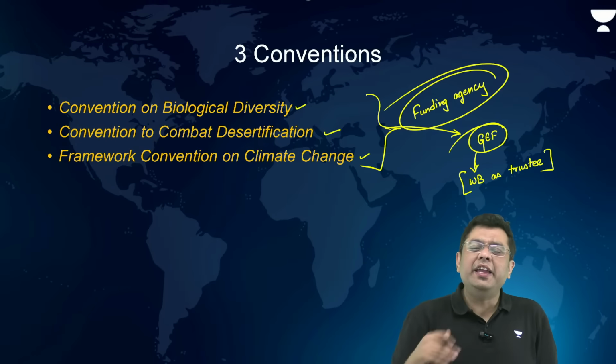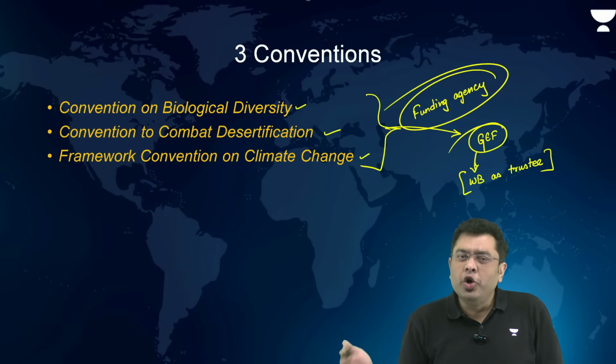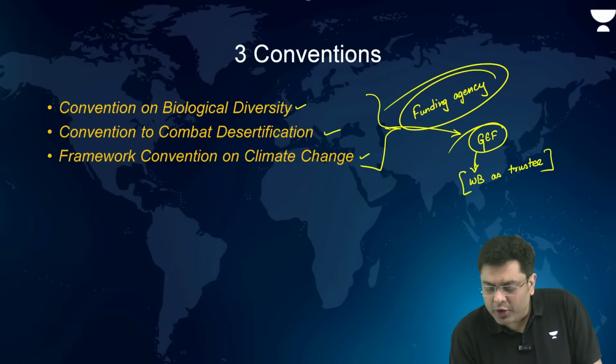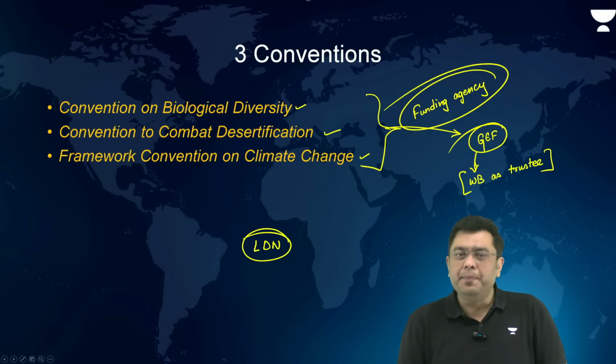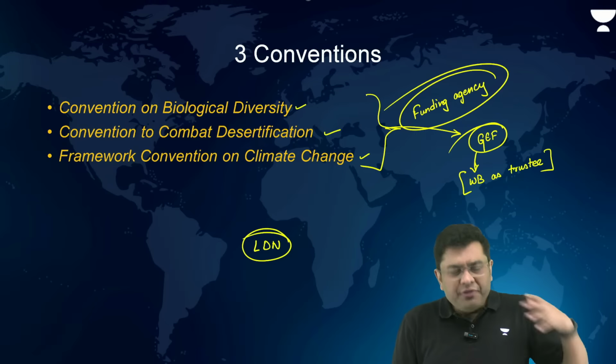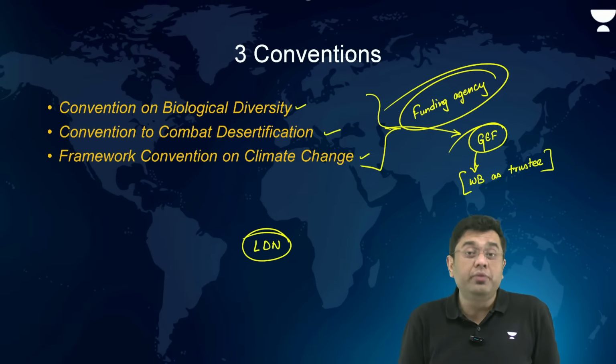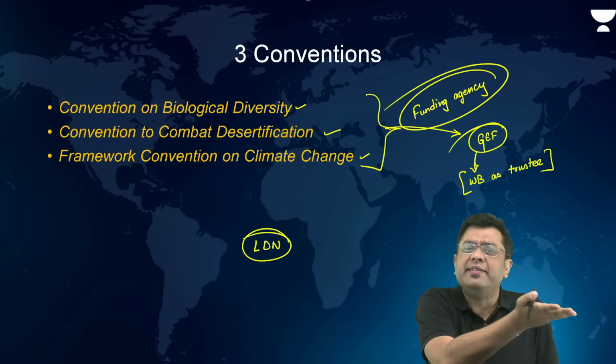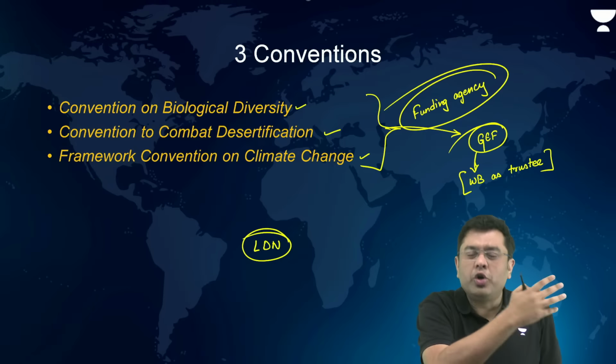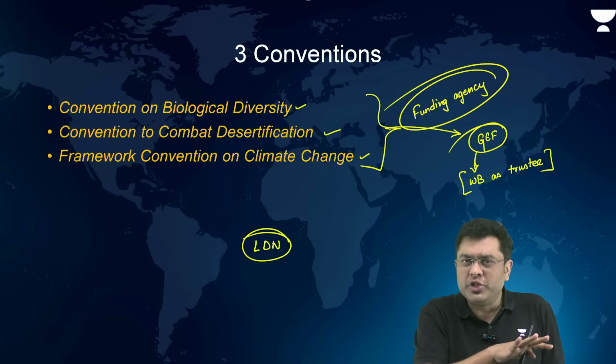It sets an agenda for all the countries in order to achieve what is referred to as land degradation neutrality, LDN. That is, every year, whatever amount of land, let's suppose, goes through degradation, right? Which land degradation means there is excess pollution, the land cannot be utilized economically, anthropogenically, etc.